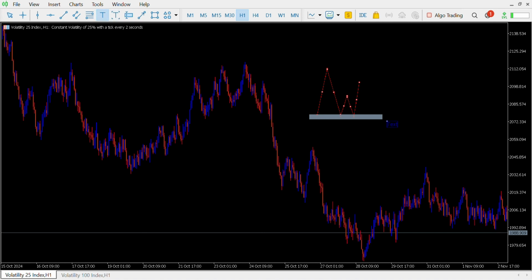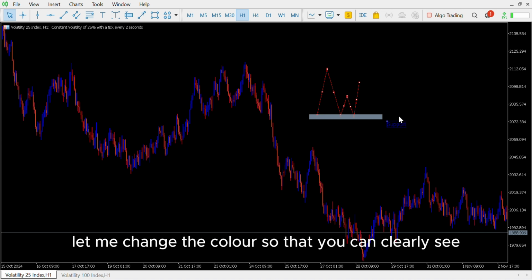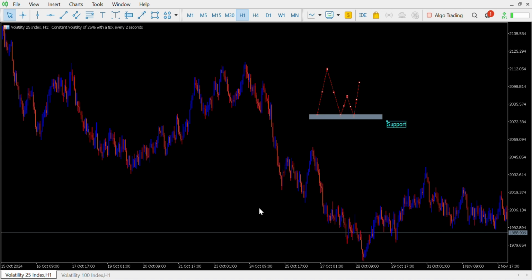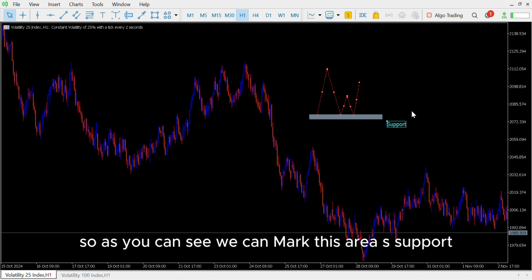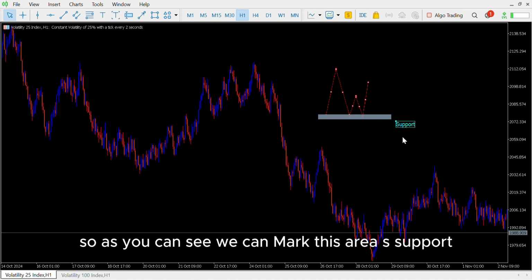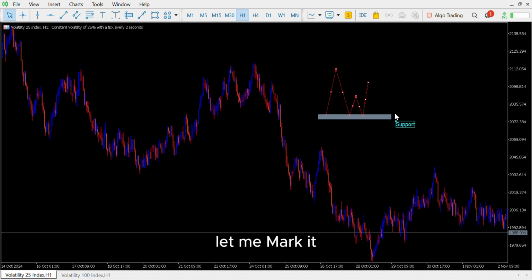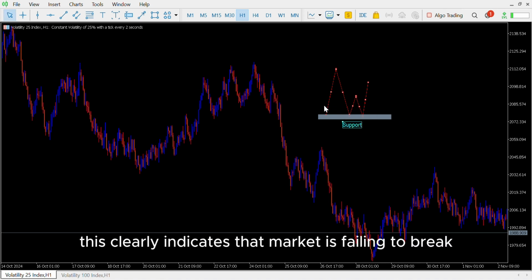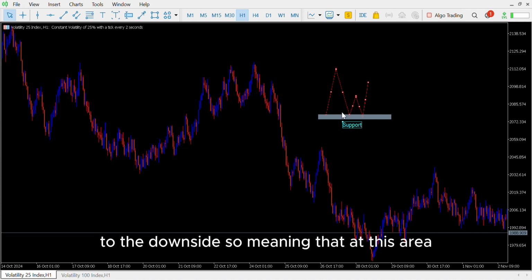support. So as you can see, let me change the color so that you can clearly see. We can mark this area as support. Let me mark it. Right. So this clearly indicates that the market is failing to break to the downside.